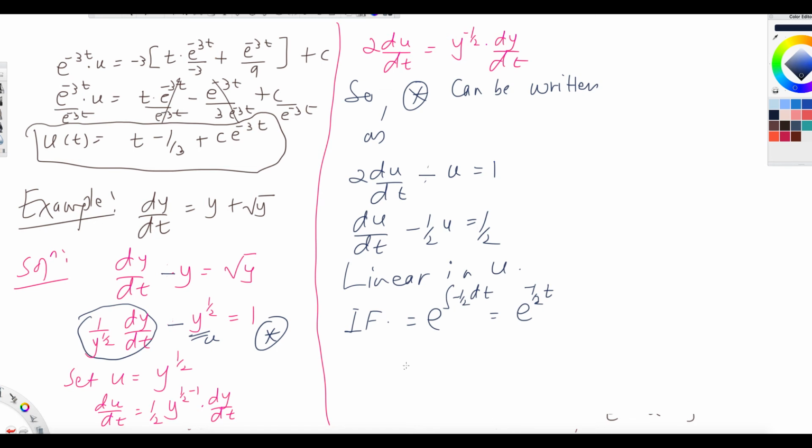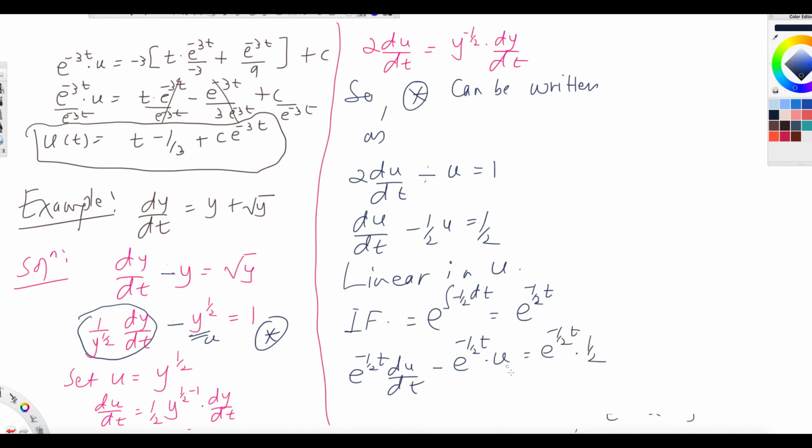Okay, so what we do is we multiply this equation by e to the negative 1/2 t. So what do you get? e to the negative 1/2 t du/dt minus e to the negative 1/2 t times u equals e to the negative 1/2 t times 1/2.